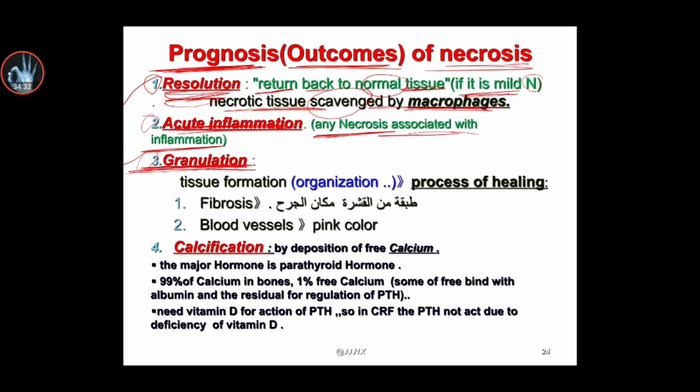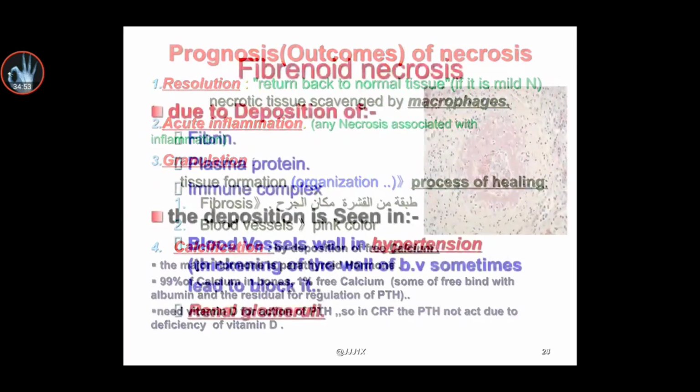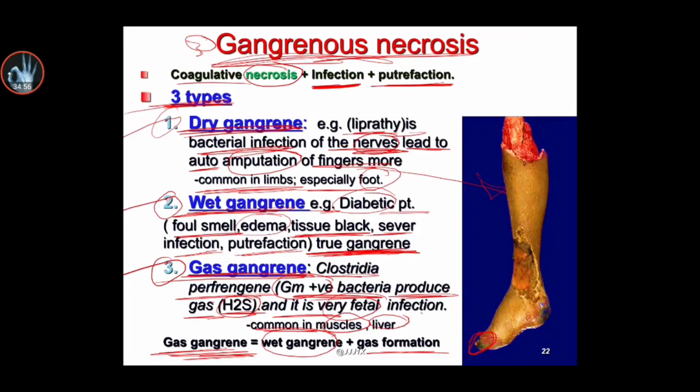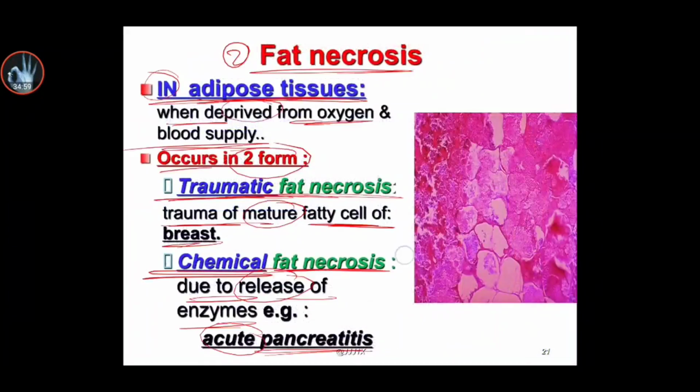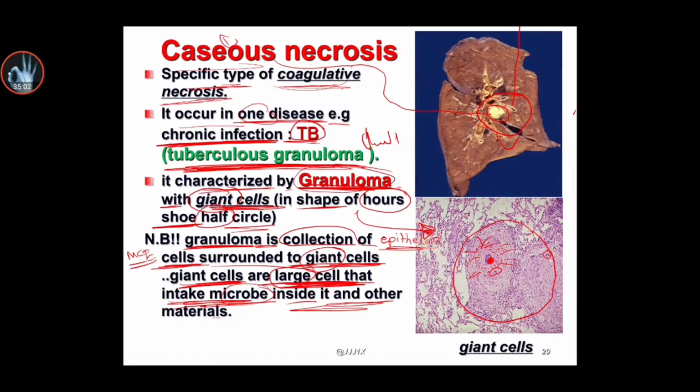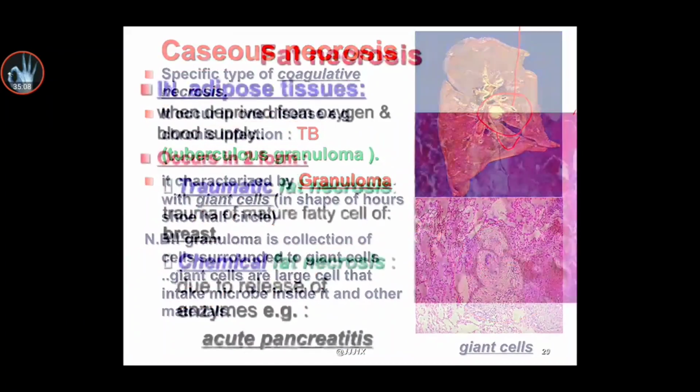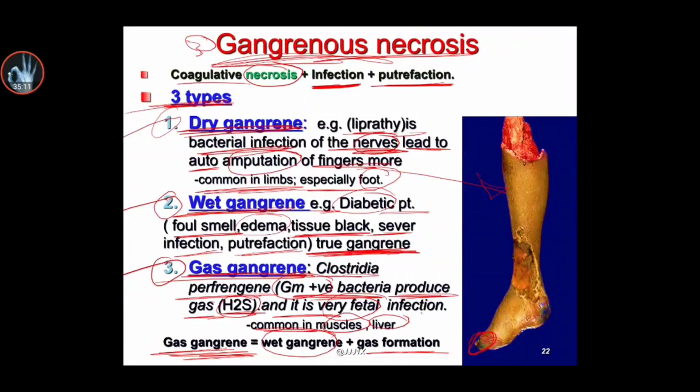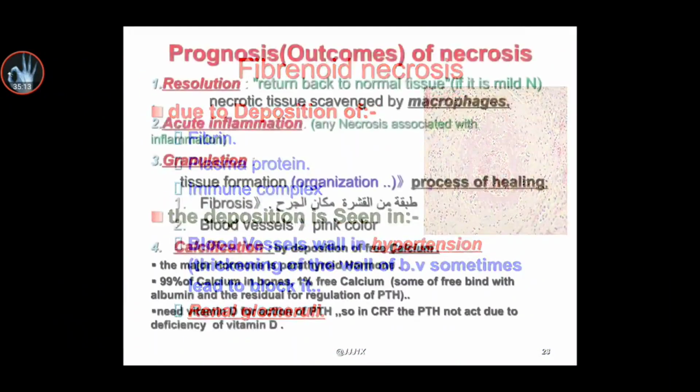we have granulation. Granulation means tissue formation, organization, the process of healing. Granulation is the formation of fibrosis, a layer of crust forming at the site of the wound. As we saw in this example, a fibrinoid layer formed, but the side of necrosis is not working.